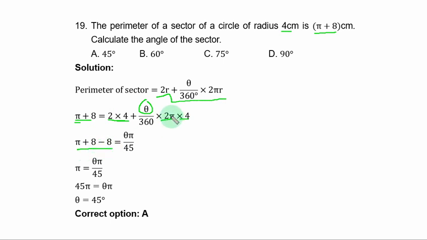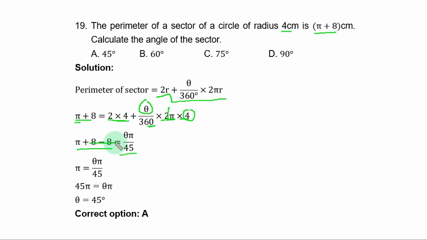From here, 2 times 4 is 8, you reduce 360 and 8 by 8, here remains 45. So we're having pi here and theta. So pi theta, or theta pi over 45.